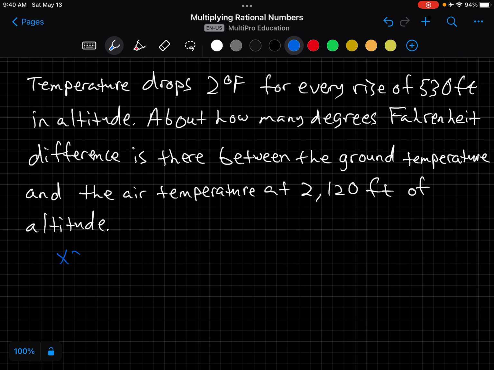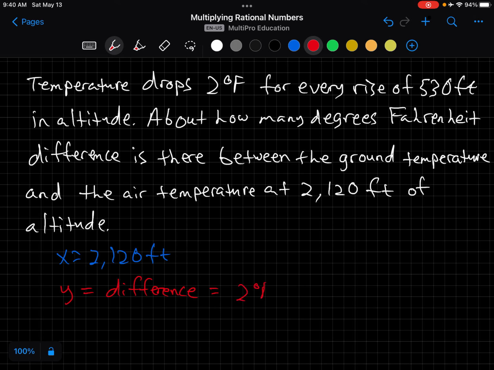Okay, so let's just throw some variables down here. Let's say that x is 2,120 feet. My handwriting got a lot better in the second half of that. So I can do it. Alright, and let's say that we have y for this difference.